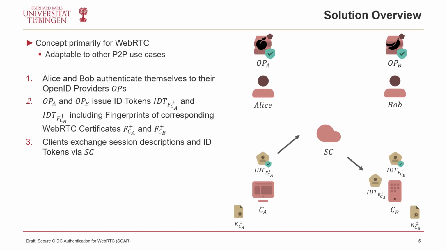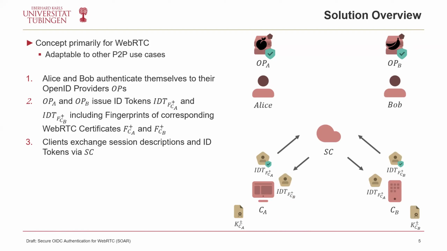After that, they will exchange their ID tokens together with their session descriptions, which contain the fingerprint and the IP addresses. Then the clients will verify if they can trust this identity, depending on the remote user's identity provider and the validity of this ID token.